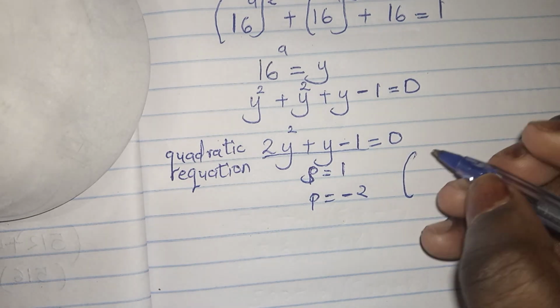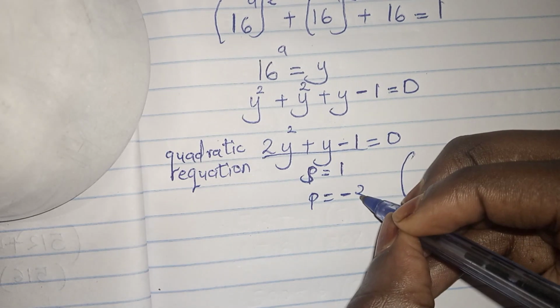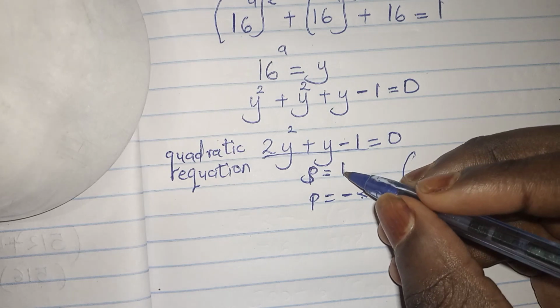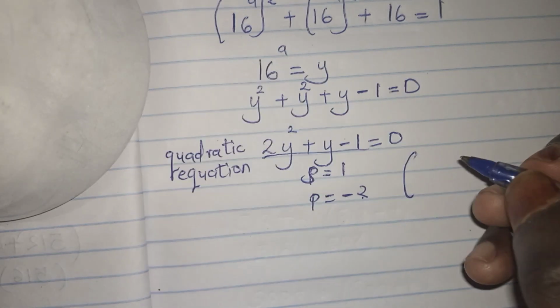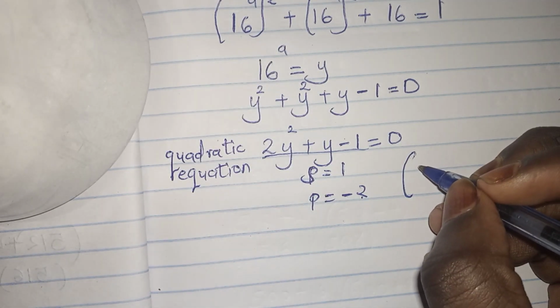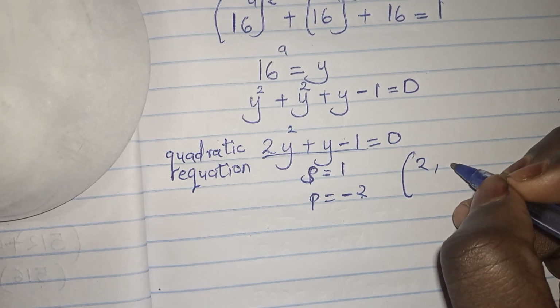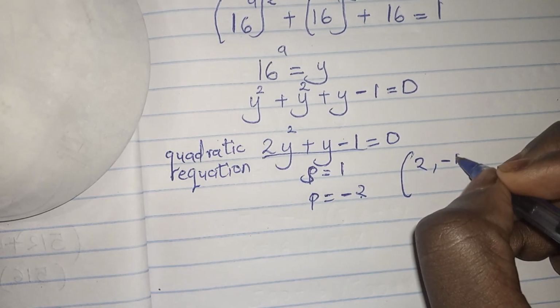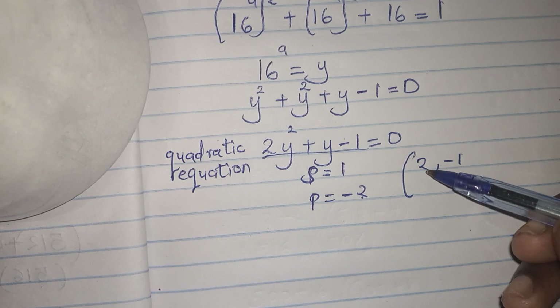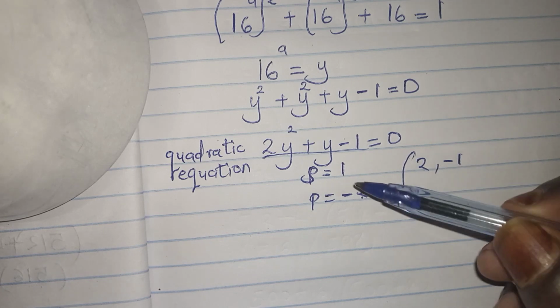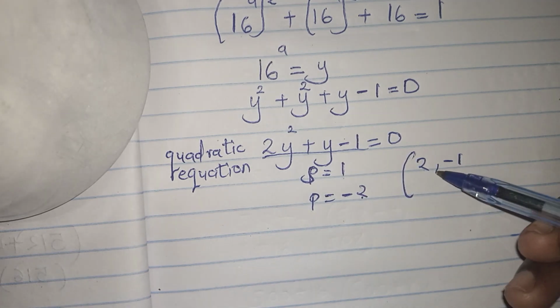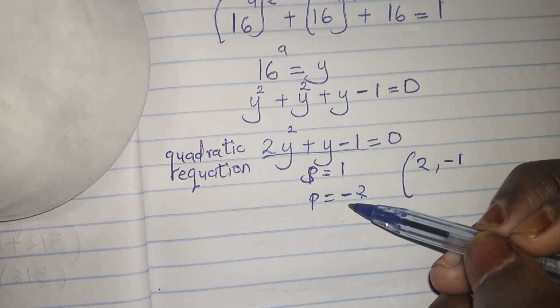When we multiply them, we are getting -2. When we add the two numbers, we are getting 1. So these two numbers are 2 and -1. If you take 2 plus -1, you are getting 1. 2 times -1, you are getting -2.